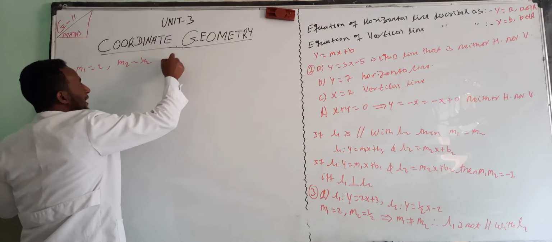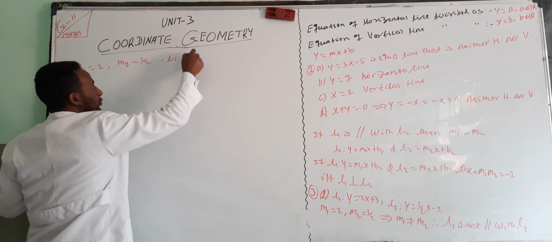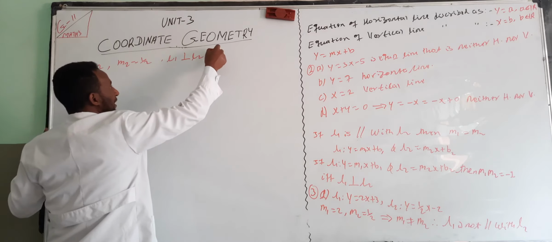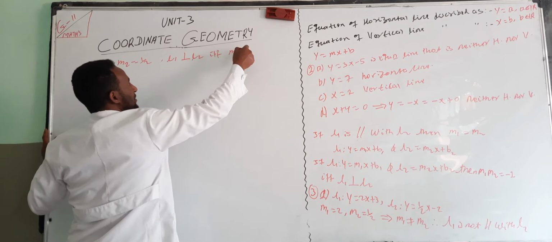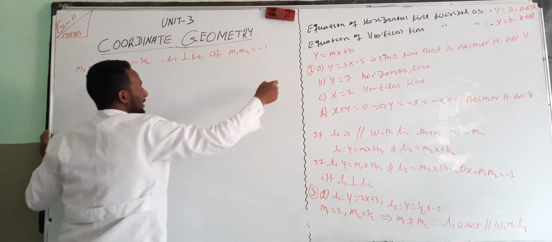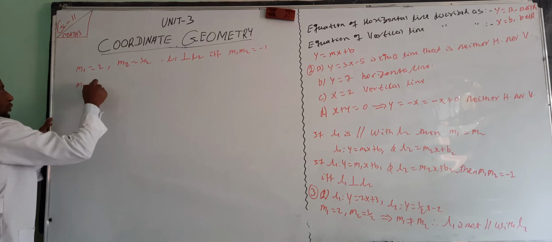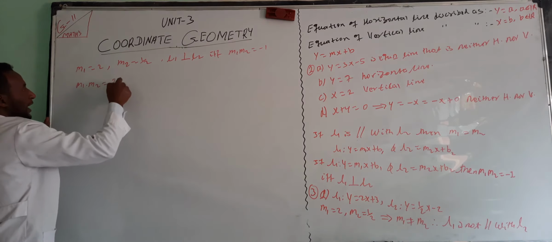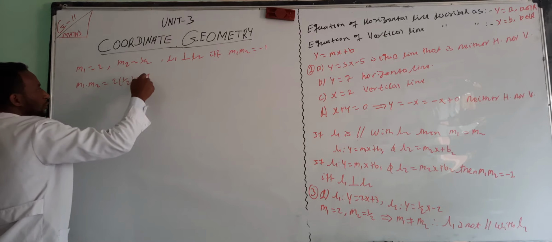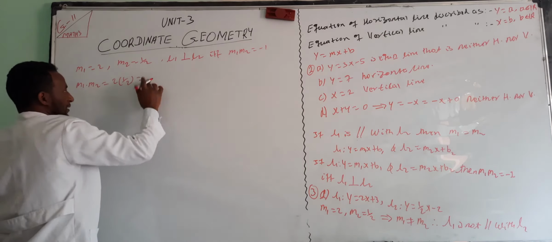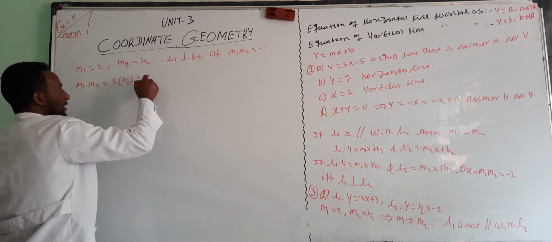L1 is perpendicular with L2 if and only if m1 times m2 equals -1. Here m1 times m2 is 2 times 1/2, which equals +1.